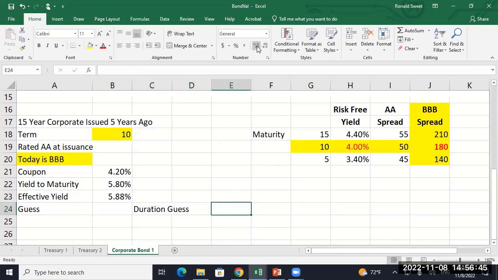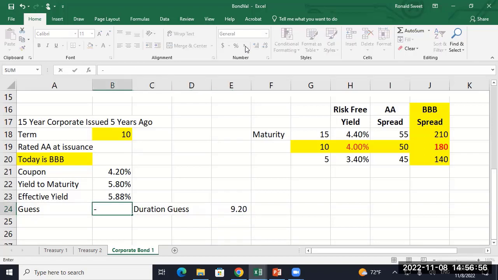So we know it's probably more than 9, probably less than 9.5. I'm going to guess 9.2, but boy, we'll see. I'm going to be way off on that. And so my guess is going to be minus 9.2 times the change in yield: the current yield is 0.058, we started at 0.042. So this bond should be down about 14%. We'll see. I could be way off on that, but we'll see.